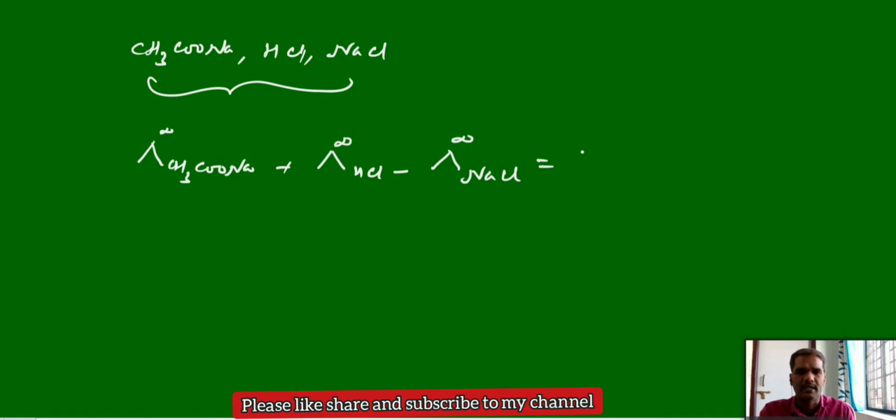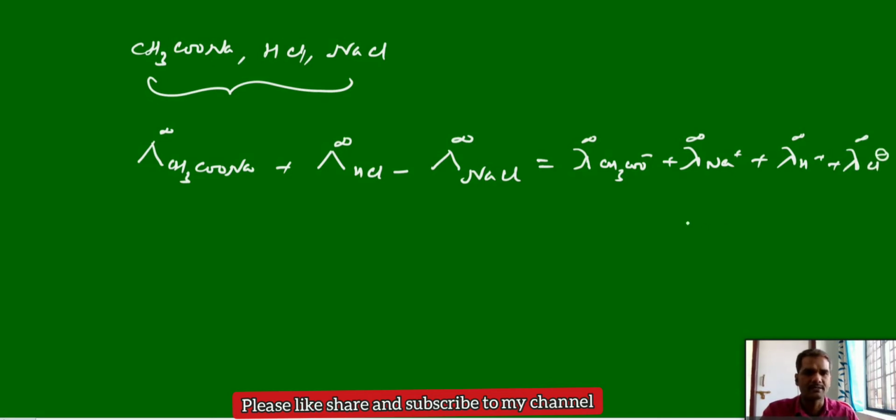So here molar conductance we can write like this: ionic conductance of acetate ion plus ionic conductance of Na plus ion at infinite dilution plus ionic conductance of H plus ion, ionic conductance of Cl minus ion, and minus of NaCl, ionic conductance of Na plus and ionic conductance of Cl minus.